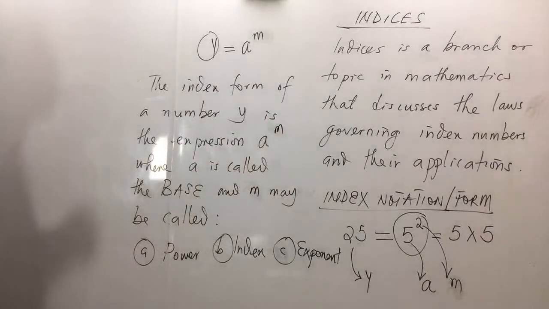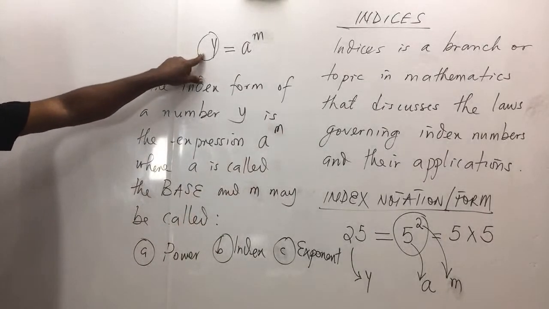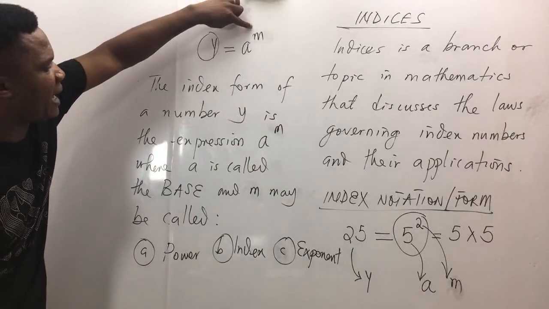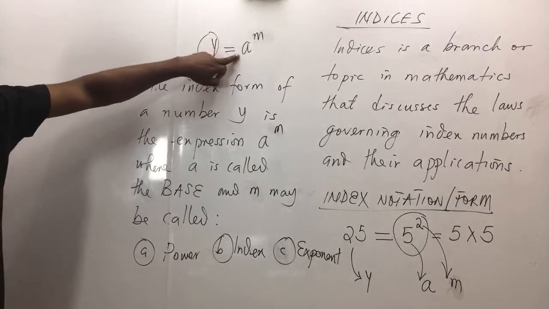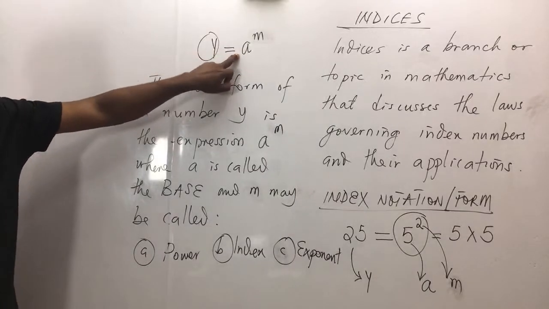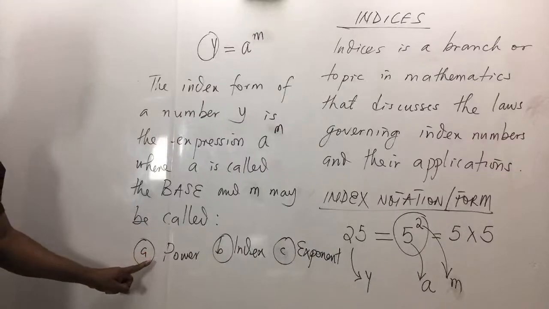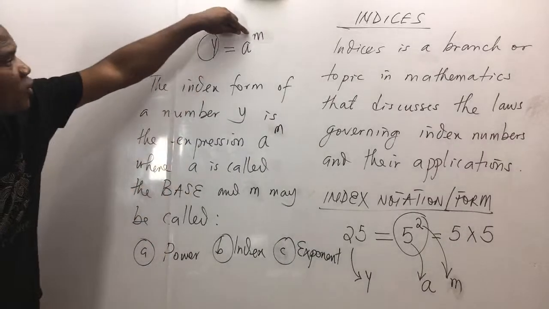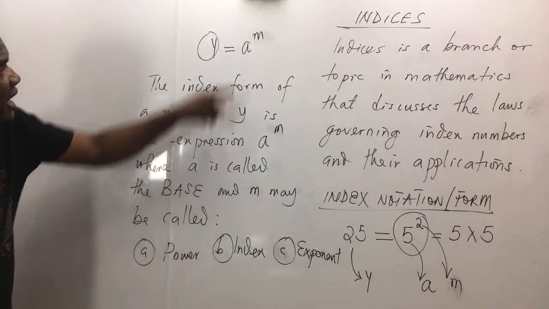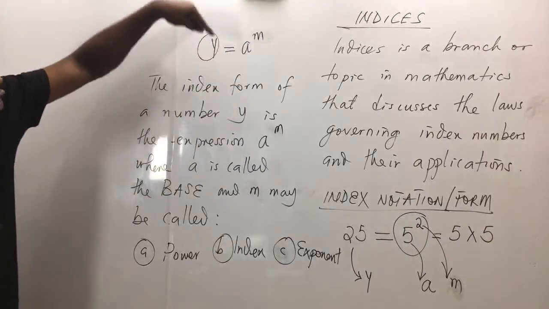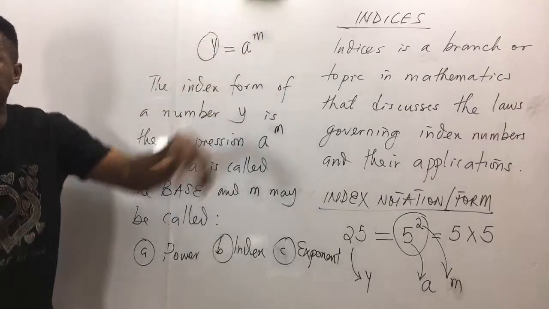So writing y in its index form means writing y as a raised to the power m, such that this a here is called the base, and the m is called any of these three names: power, index, or exponent.